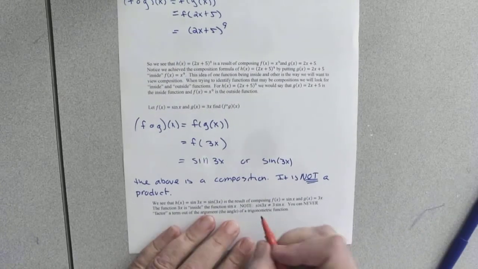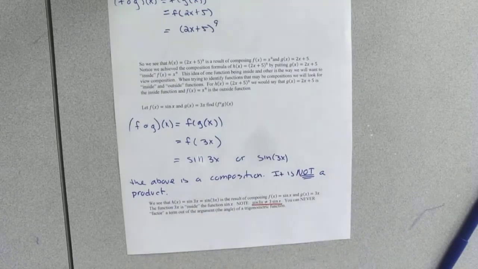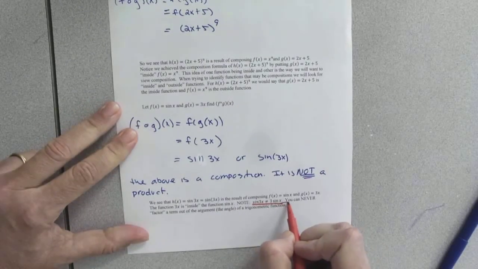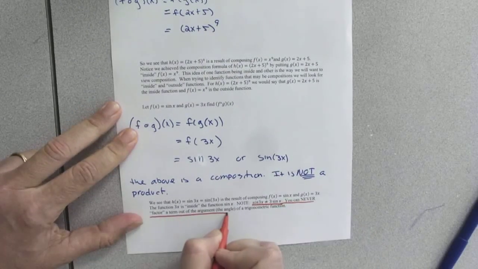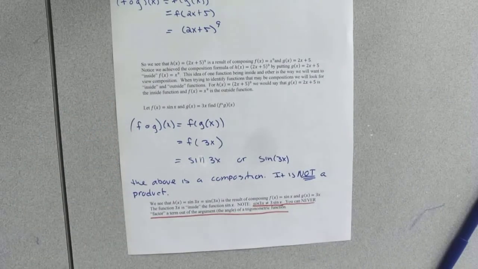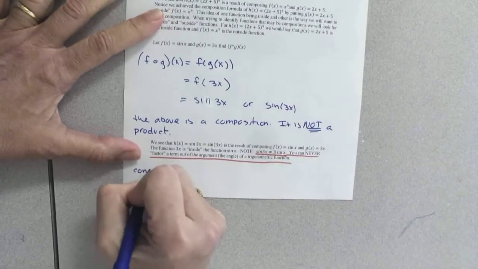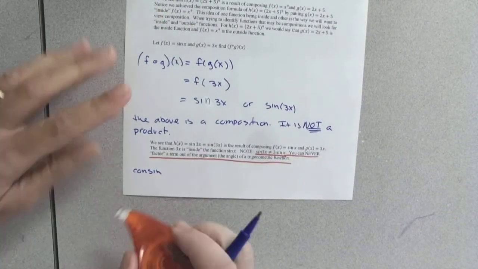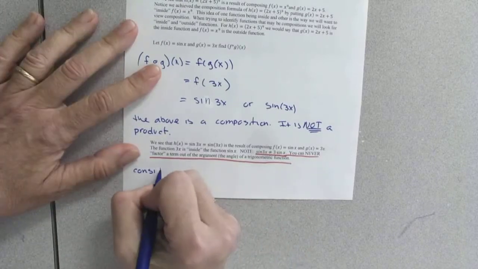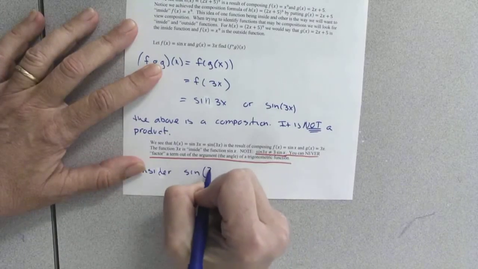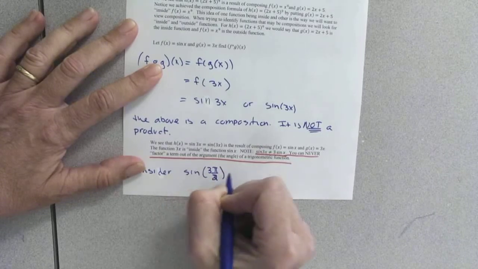Now, something we want to note here, very, very importantly, sine 3x is not 3 times sine x. You can never, quote unquote, factor a term out of the argument, the angle, of a trig function. You can't. It's just not true. And you can think of a simple example of why it's not true. Consider, say, sine of 3 pi over 2.